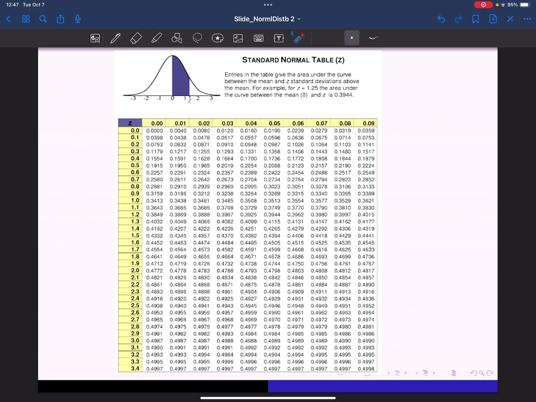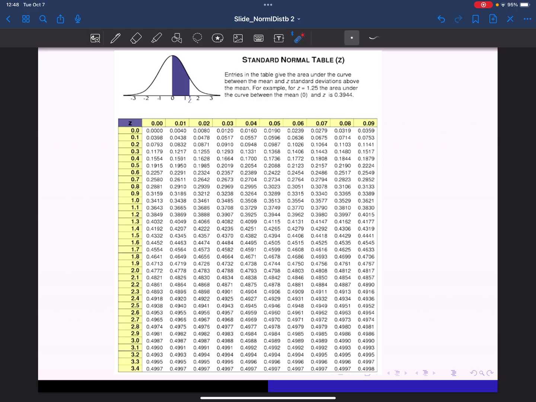If you need 1.22, you would go to the intersection of this 2. So this is the next digit after this 1.2, and this represents the area 0.388, the area under the curve, or also the probability or percentage of data.